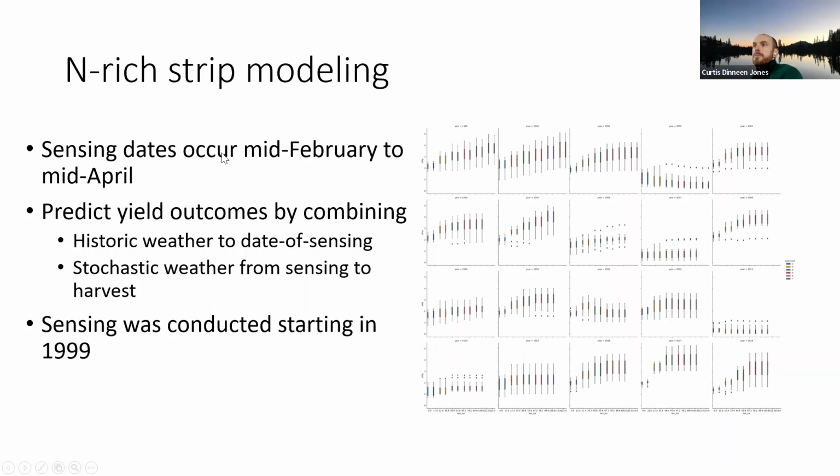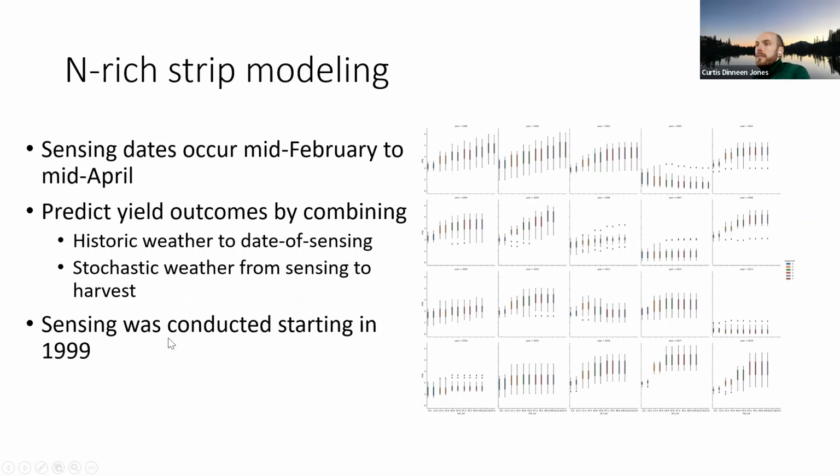Don't really need to worry too much about that, but from a modeling perspective, we're running historical weather back for the historic record and management until the date of sensing, and then projecting it out stochastically from the sensing to harvest that season.